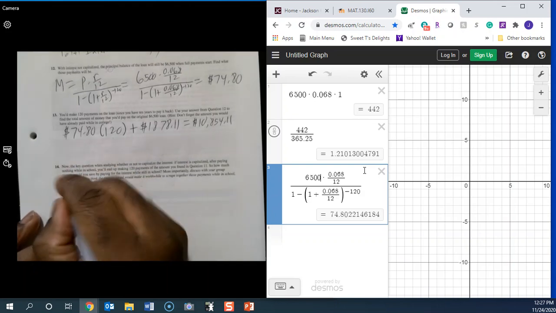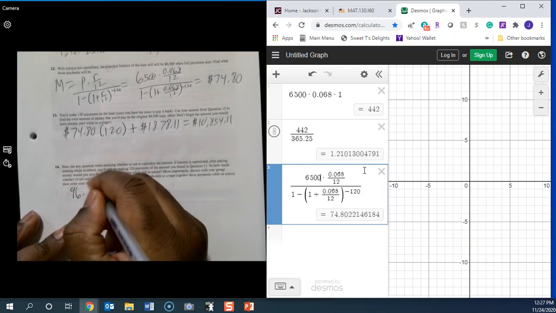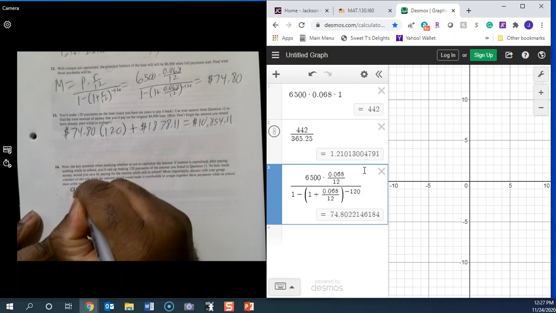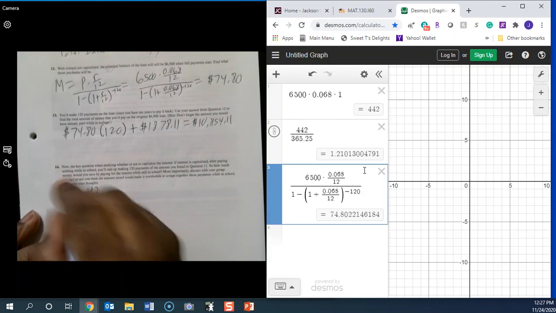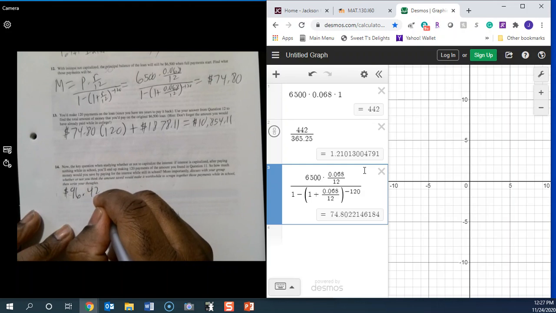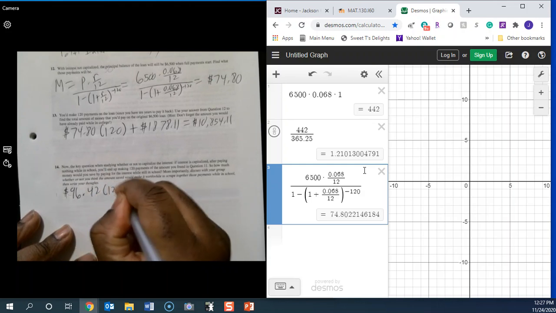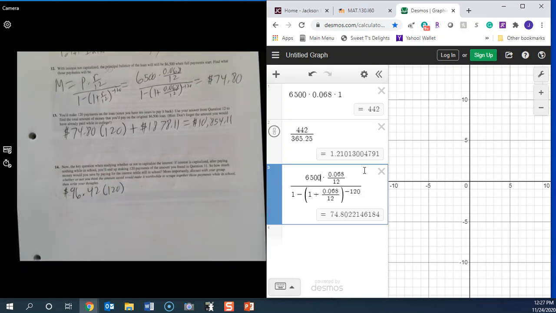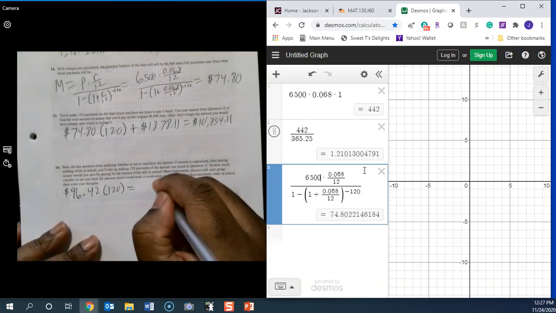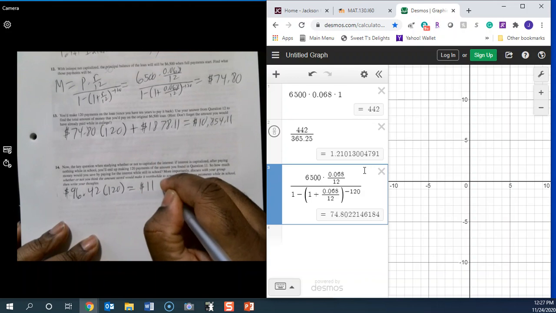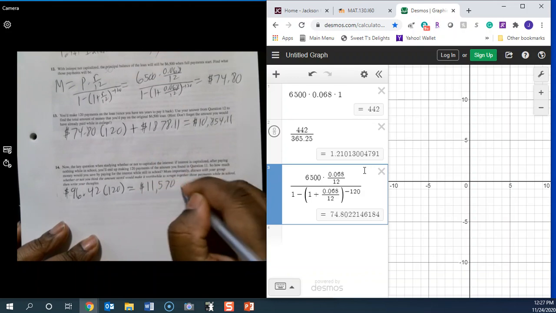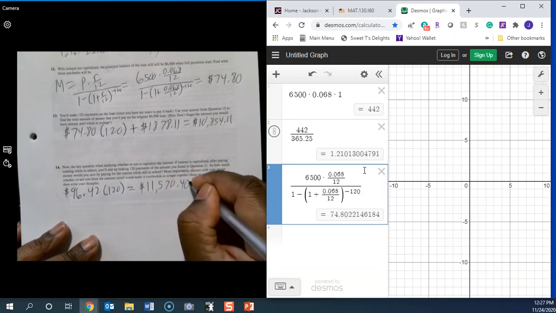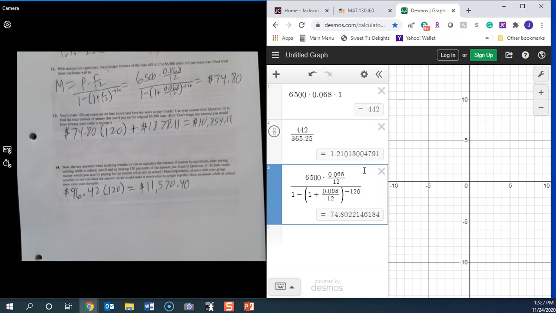So we got before, with interest added to the original principal, it came out to be $96.42 a month payment for 10 years. So we'll take the $96.42 times 120, and that would give us $11,570.40. That's without us making any payments.